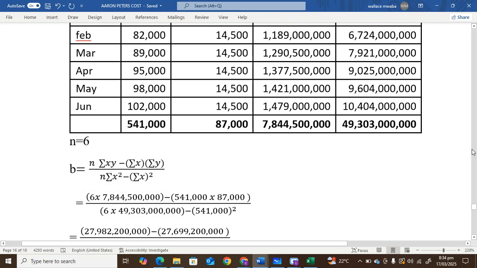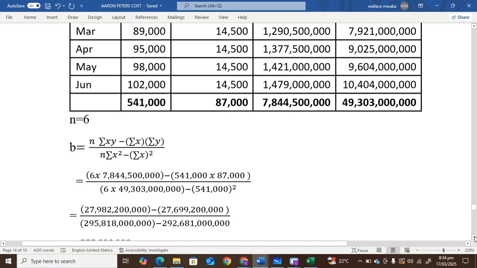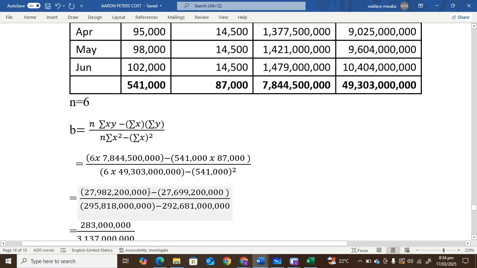All right. Let's get our calculators. 6 times 7,844,500,000.